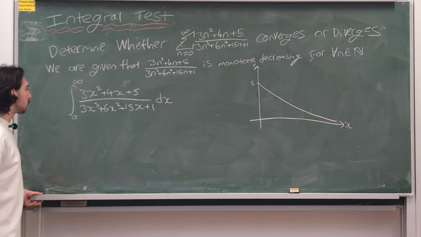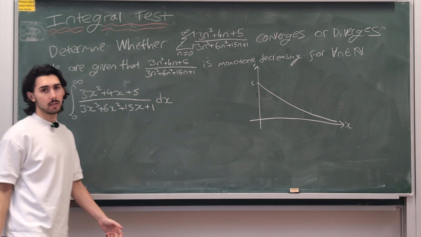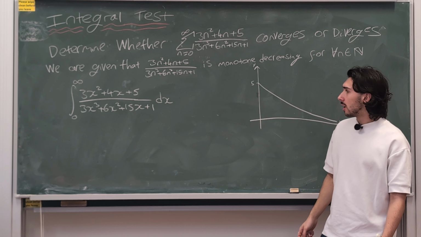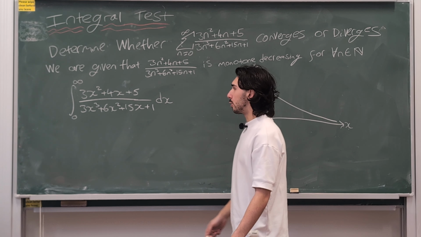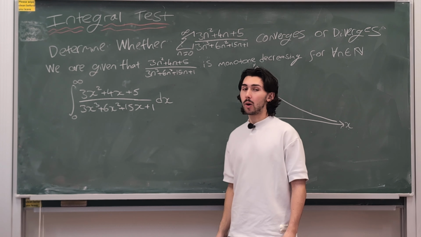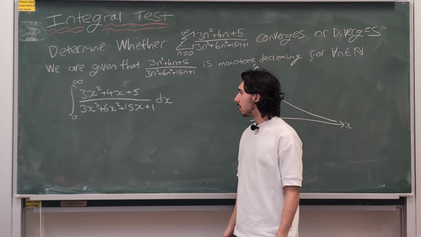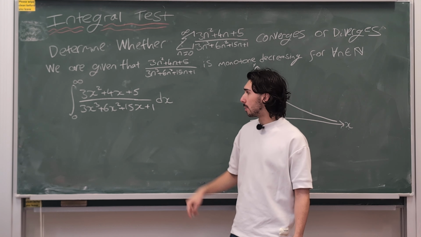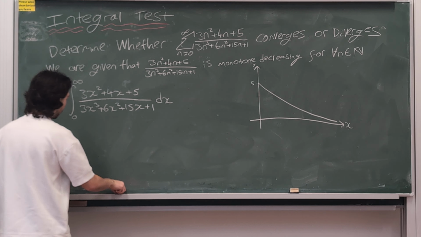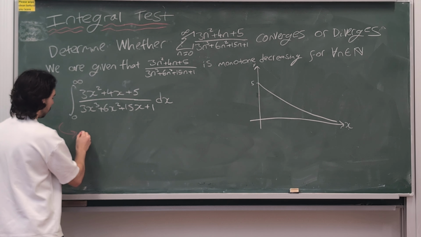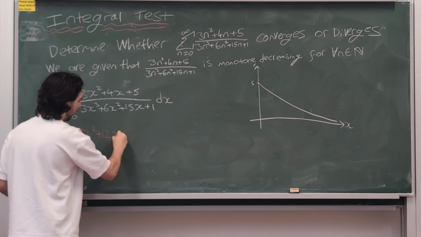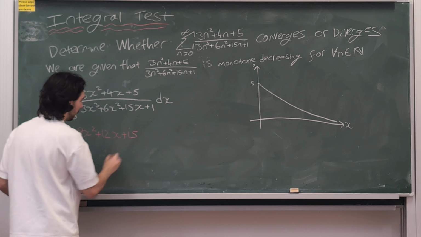Now, you might think this integral looks really hard, and in some ways it can be, but there's actually one thing that we can notice. Do you see that the numerator is a multiple of the derivative of the denominator? If you differentiate the denominator, the denominator would differentiate to 9x squared plus 12x plus 15.